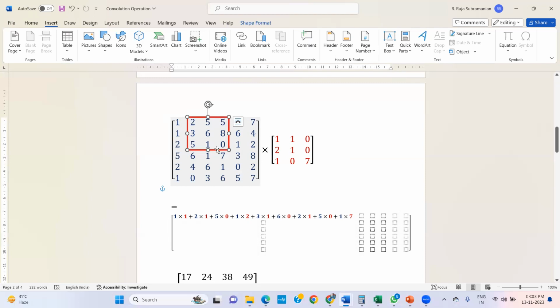So my next component will be 2 5 5 3 6 8 5 1 0. So the convolution operation will do 2 into 1, 5 into 1, 5 into 0 plus 3 into 2 plus 6 into 1 plus 8 into 0 plus 5 into 1 plus 1 into 0 plus 0 into 7. So this is the use of stride.